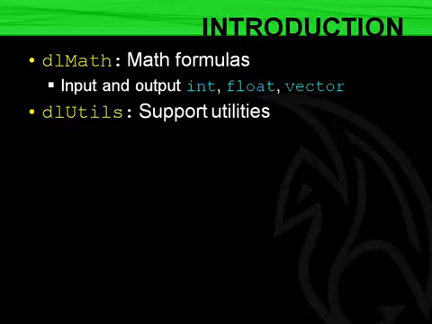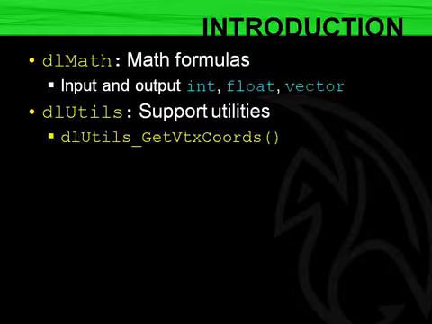Then we have the utilities, dlutils, which are essentially support utilities that allow us to do certain things that we couldn't do with dlmath. An example here is dlutils_get vertex coordinates. What this will allow us to do is, if we give it the name of a coordinate, and as with everything in Maya, a coordinate name is usually a string, for example, pCube1.vertex[0].